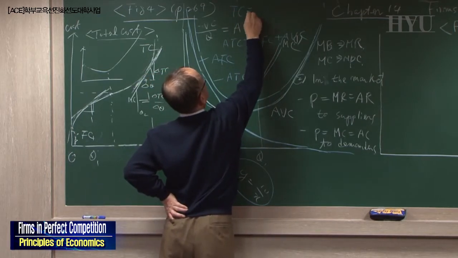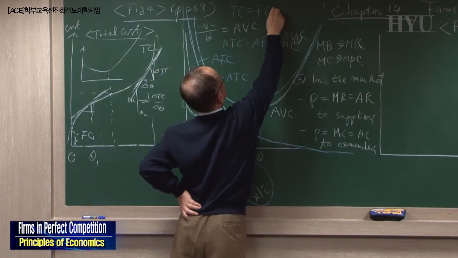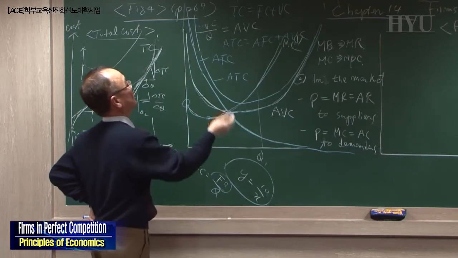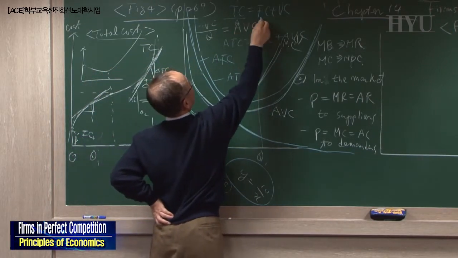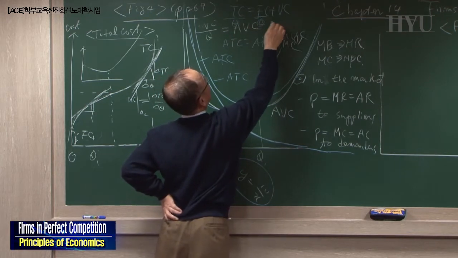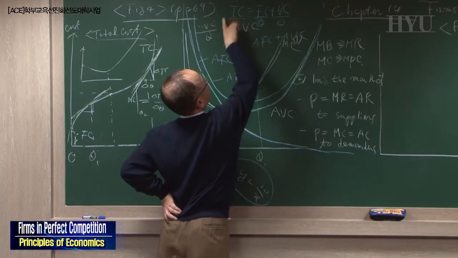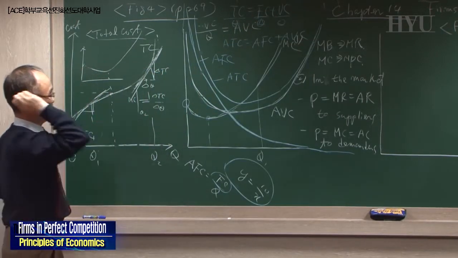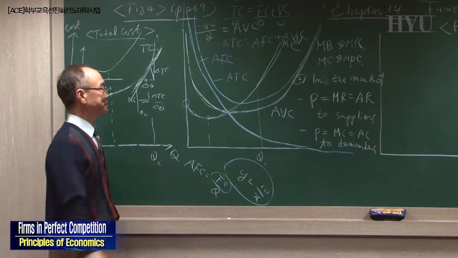Total cost, one more time, is nothing other than fixed cost plus variable cost. This is easy. So average, divided by Q. Then this is average total cost, average fixed cost, average variable cost. Okay, focusing on this one.